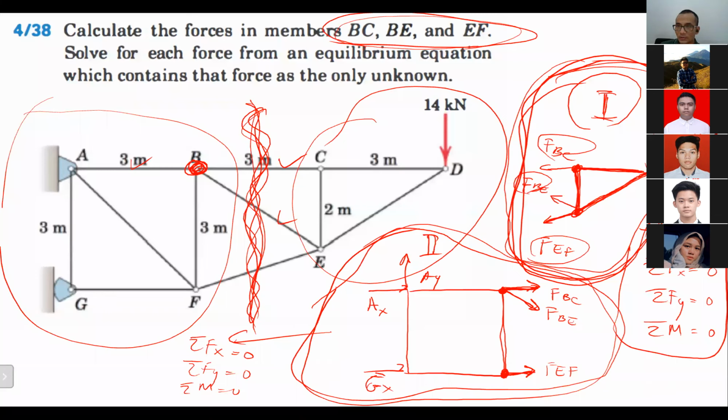From the first free body diagram, the value is positive. FBC, you mean? The direction is to the left. Is it based on your assumption or based on your calculation? First, the sequence is like this: first, you have to assume, then after that, you have to calculate.